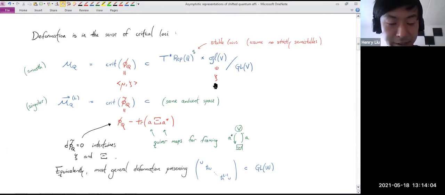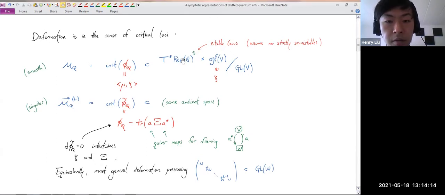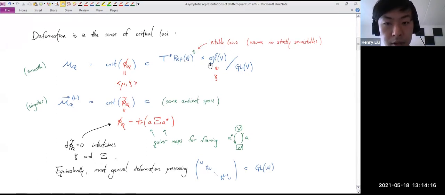And so what's the space? If we just ignore this small GLV factor here, the resulting space is exactly where the moment map starts.